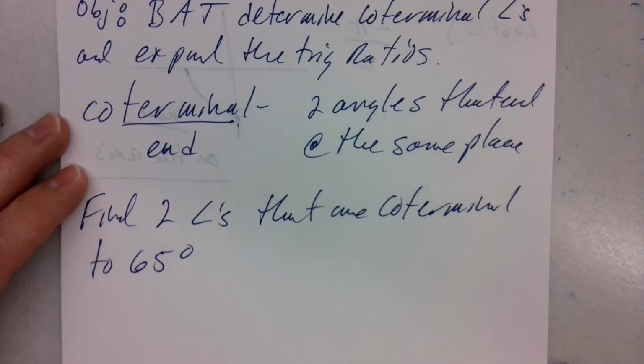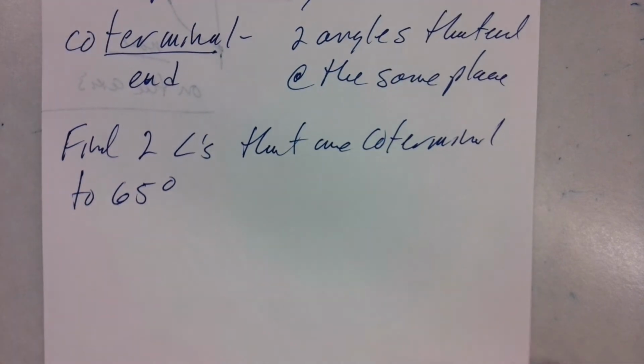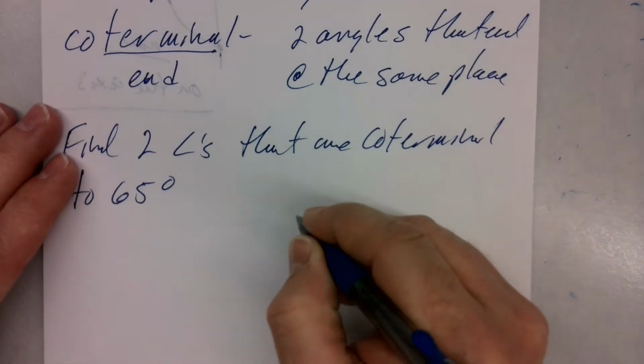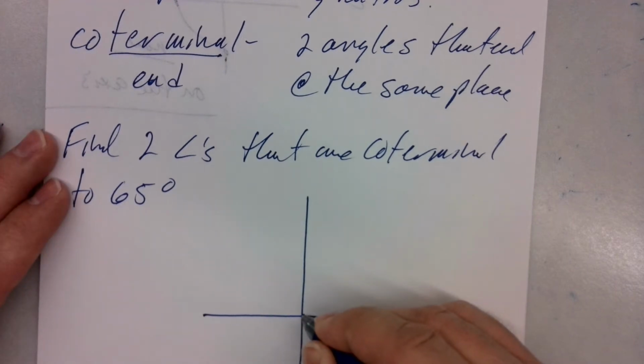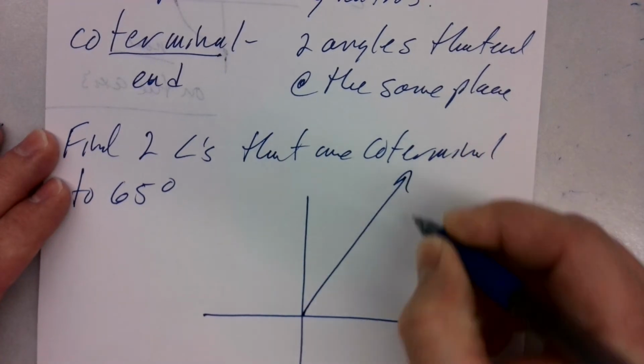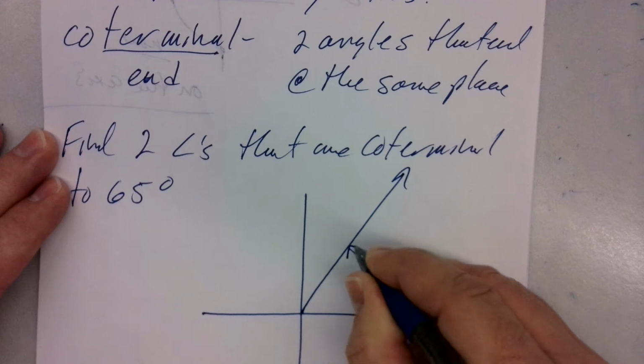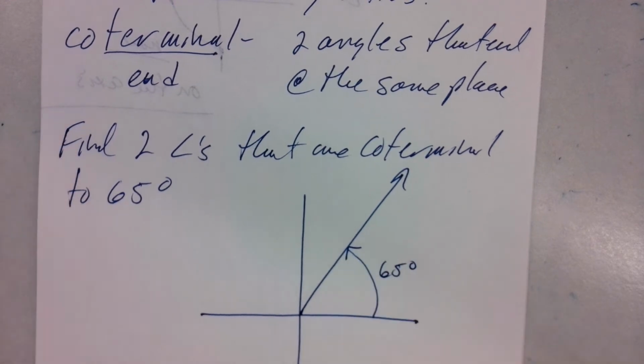Okay, this is what, in the big picture, I would like to see you do. Now, I realize that most of you aren't going to do it this way because this is just way easier, but this is the idea. So the first thing I'm going to do is find 65 degrees. Where's 65 degrees at? Somewhere in quadrant 1? Yeah. So let's say that is 65 degrees, right?